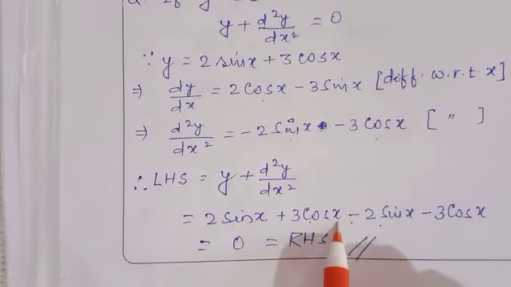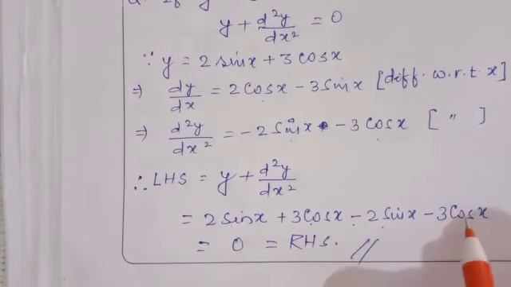Similarly, 3 cos x minus 3 cos x also cancels. The result is 0. So in this way we shall prove such type of problems. In my next class tomorrow we shall discuss some more problems of this type. Till then, okay.